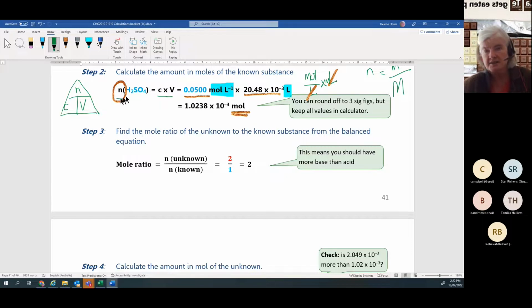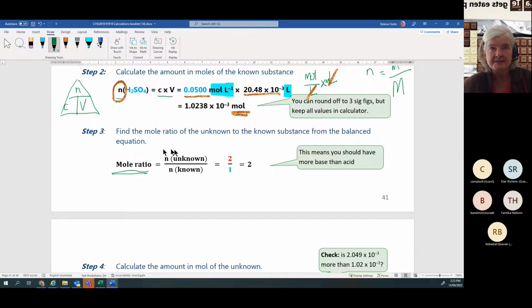In my N is equal to C times V, it's got to all relate to the same substance. You know, sulfuric acid, sulfuric acid, sulfuric acid. I can't have something with sulfuric acid and something with sodium hydroxide in a formula. So the only way to go from one substance to the other is to use this mole ratio. And we get the mole ratio from the equation or from a formula, depending on what's being asked.